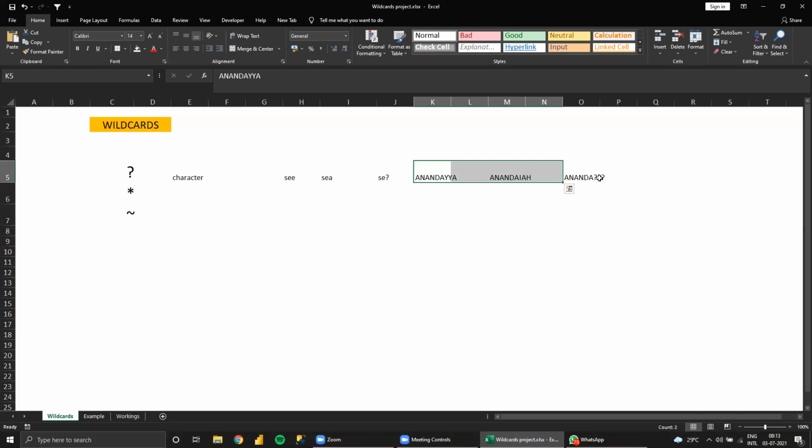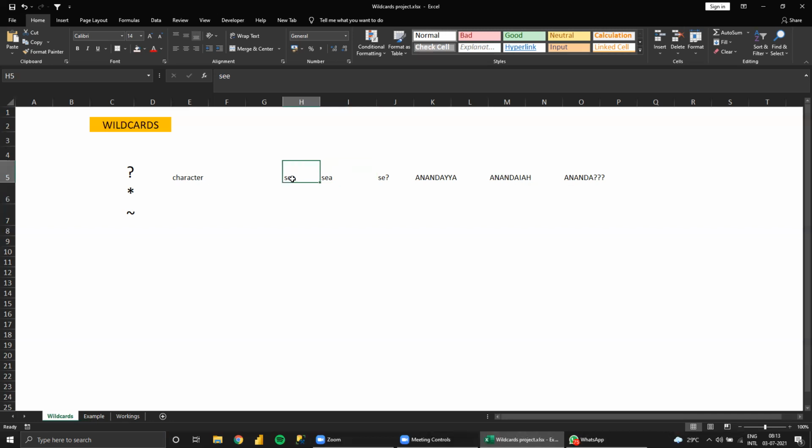Wherever you see a spelling mistake or misspelling, in that place you need to put a question mark. Forget the meaning here. For me, to give the information to the formula, both C and S are correct. So in that case, for this word I need to give the information through the formula.